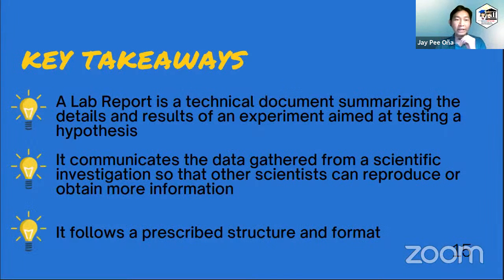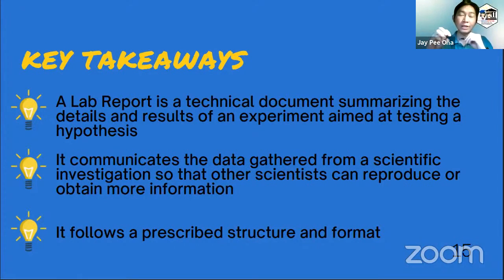So here are my key takeaways for this part of the lecture. So a lab report is a technical document. So it is written in the technical writing style, and it summarizes the details and results of an experiment aimed at testing a hypothesis. And it communicates the data gathered from a laboratory experiment to other scientists or persons so that they can reproduce and obtain more information based on the same set of procedures that we followed.